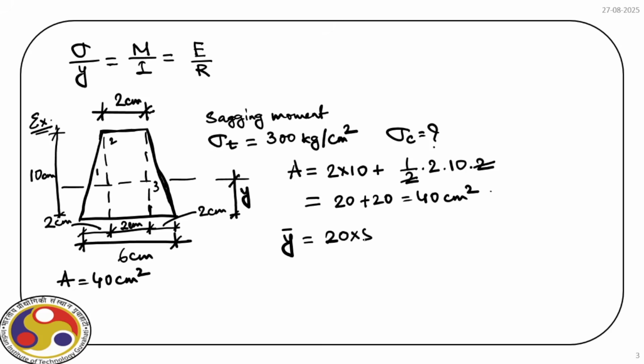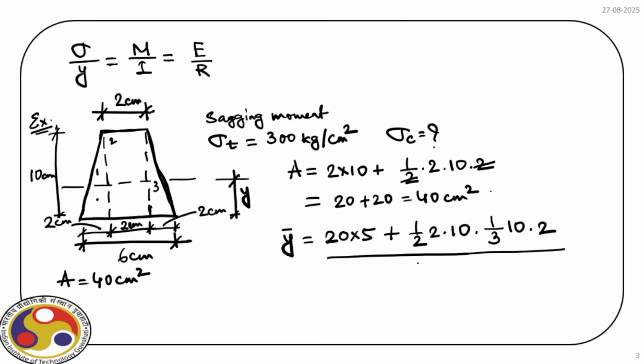The CG of this rectangular cross section is at 5 centimeter from the base, plus half 2 into 10 into 1/3 of 10, where the CG of the triangular cross section lies from the base, times 2 such cross sections, divided by 40.